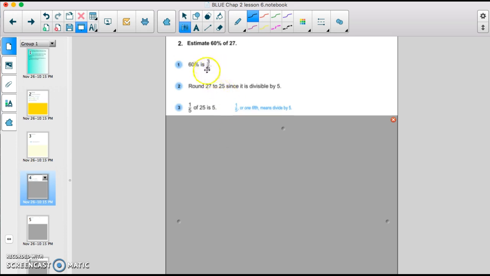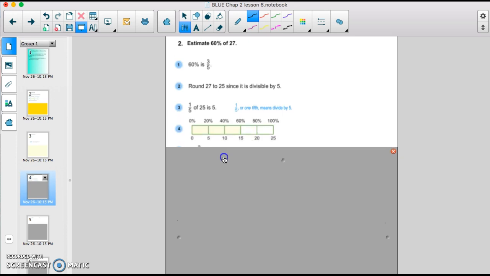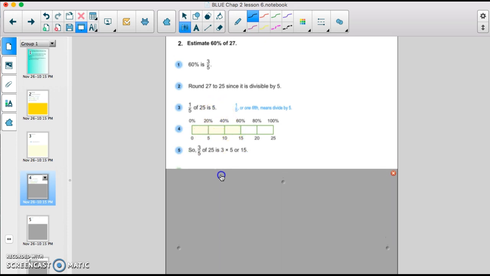So 1/5 of 25 is 5. But remember, we have 3/5 up here because that's equal to 60%. So 1/5 is 5, 2/5 would be another 5, and 3/5 would be another 5. So 5, 10, 15. So we could multiply 5 times 3, 5 being 1/5 again, and that would get us the answer of 15.